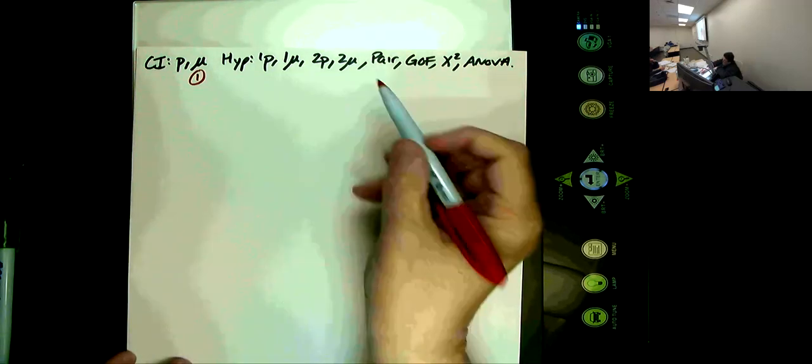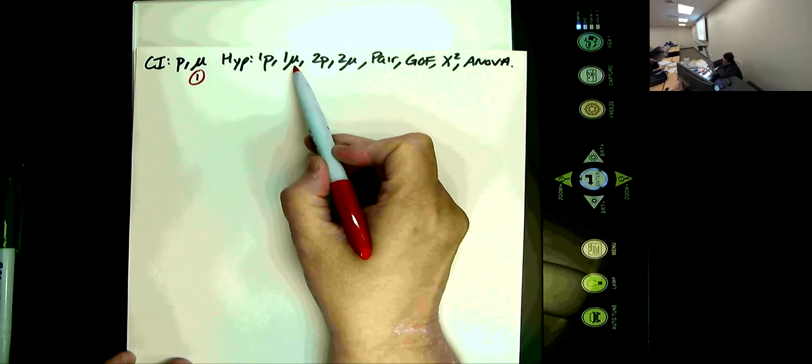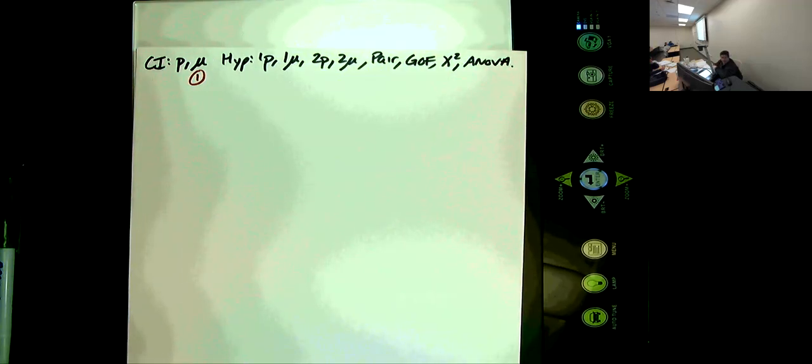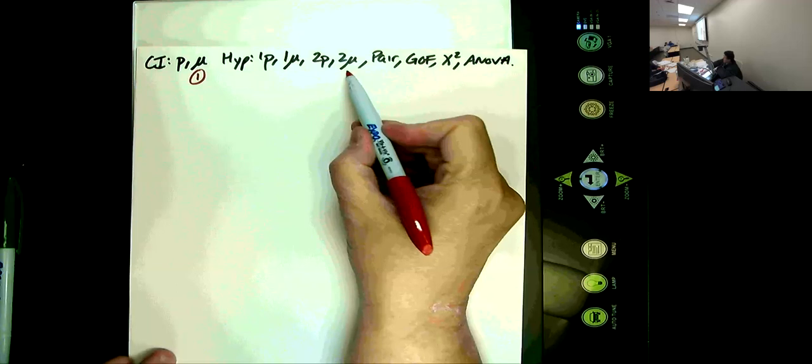Right away, I know this is a problem related to means, okay? And it's a hypothesis test. We've only got a few that are hypothesis tests for means: 1 mu, 2 mu, paired, and ANOVA. There's only a few possible answers here. He's only got 2 locations, Texas and Illinois, so it's got to be narrowed down to 2 mu or paired.